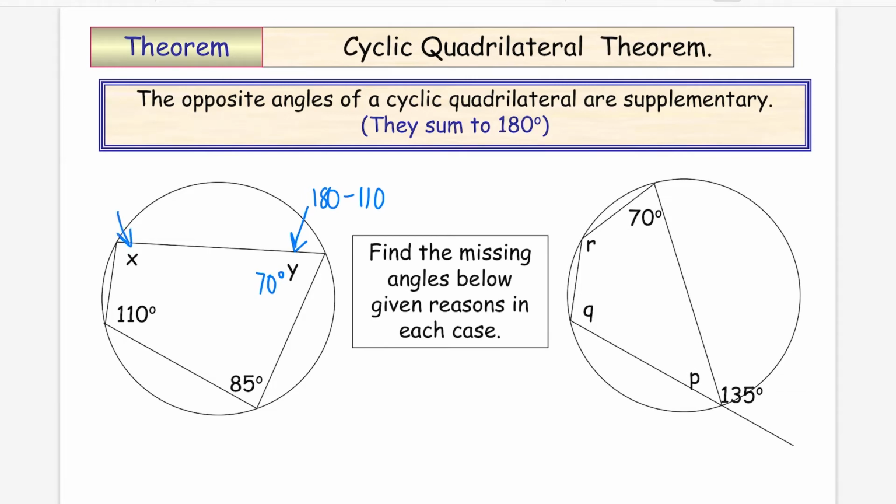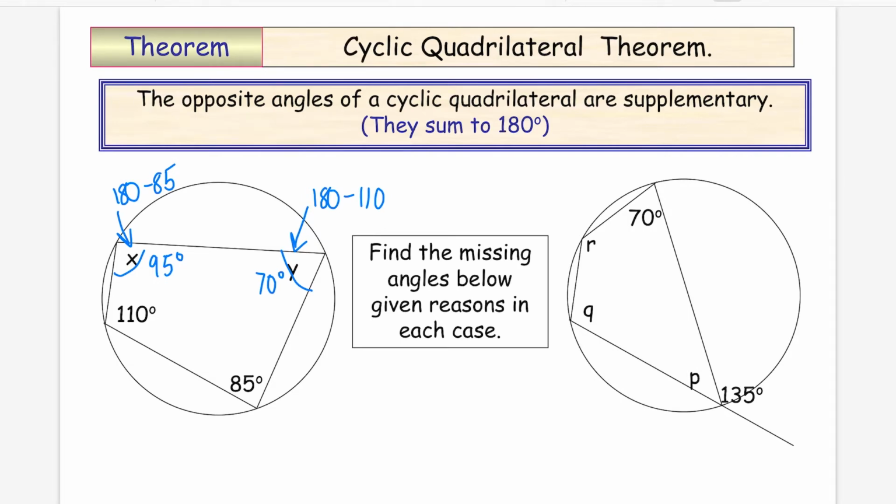And similarly, for x, we know that it's 180 minus 85, and that gives me 95 degrees for x. So I can now find angle x and angle y.